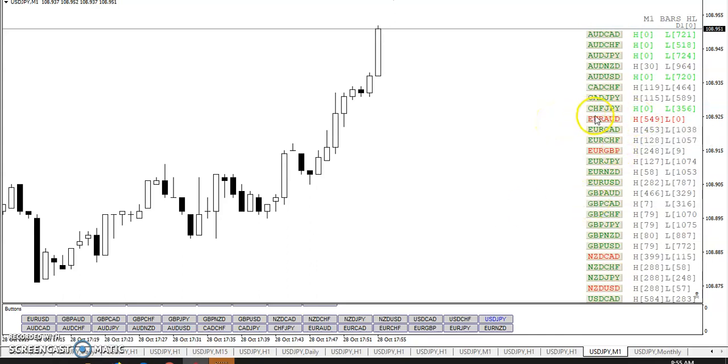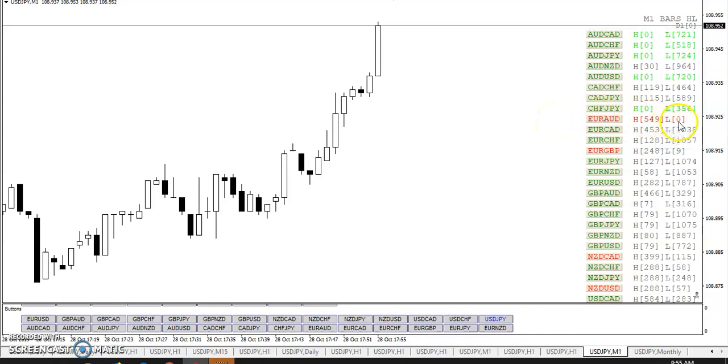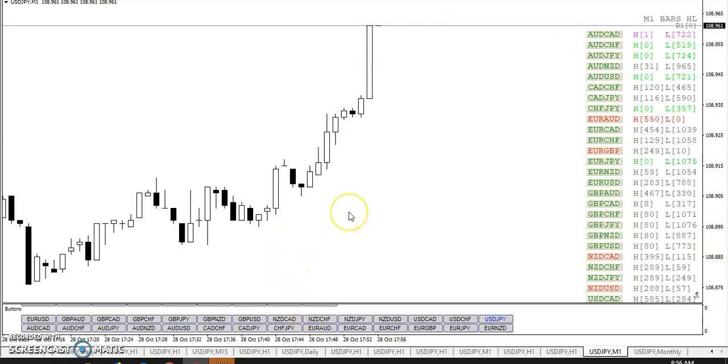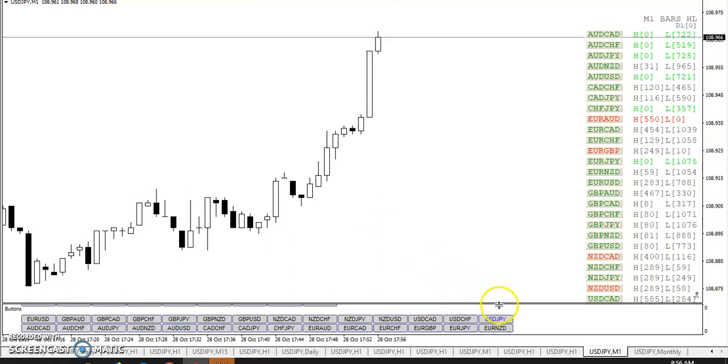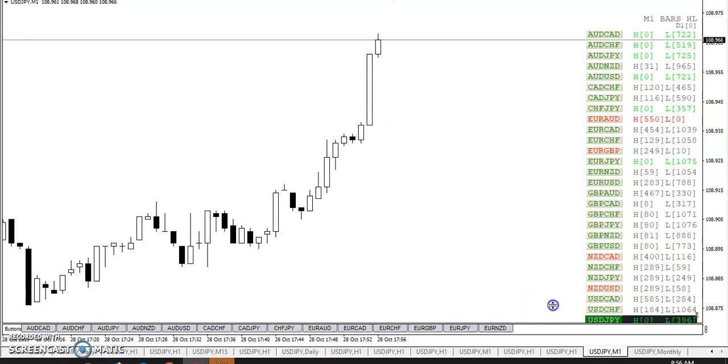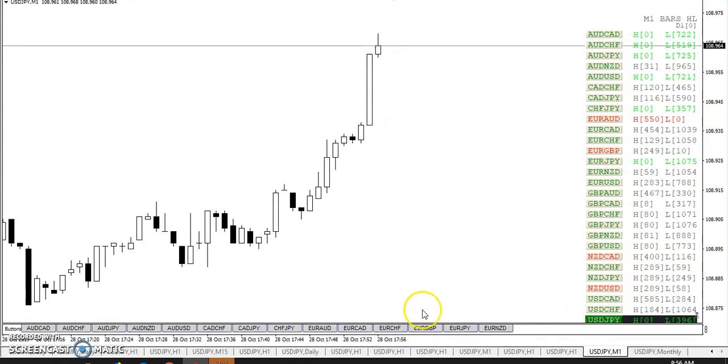Let's pick the Euro AUD because you see it's making a low this minute on the day. Or actually, the way it looks, we might be able to stick with dollar yen here. Actually, we can stick with the dollar yen.